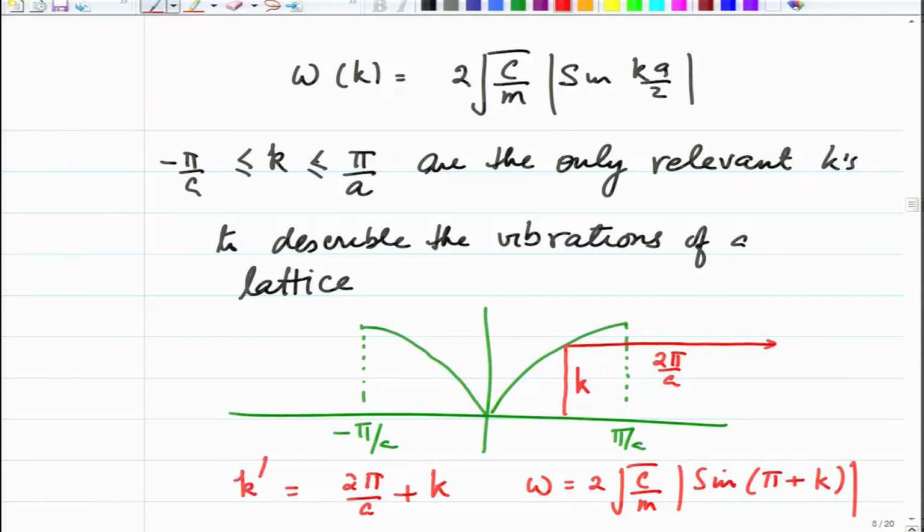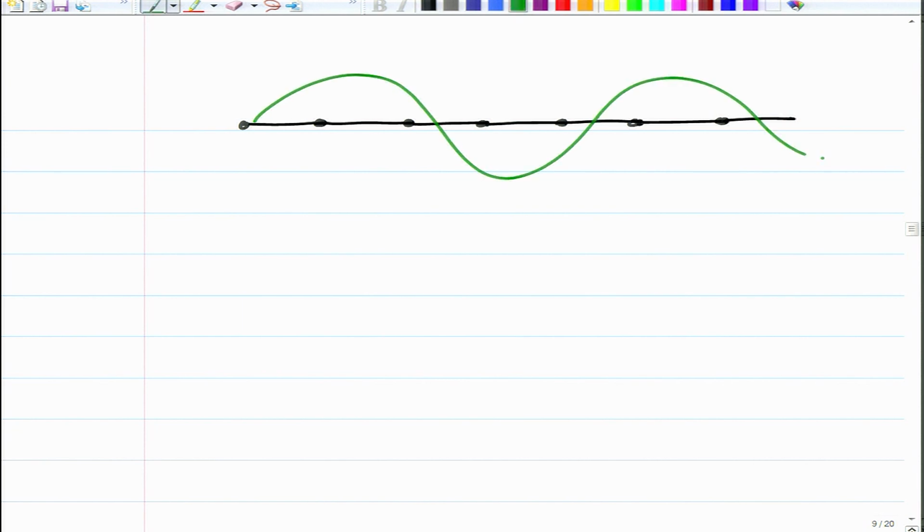What about the displacements? Let us look at the displacements. What would happen is that when I take these points and I take a particular k or a lambda, these points are displaced at a given time like this, which I am showing in purple.